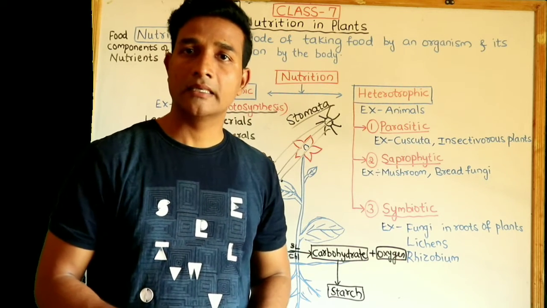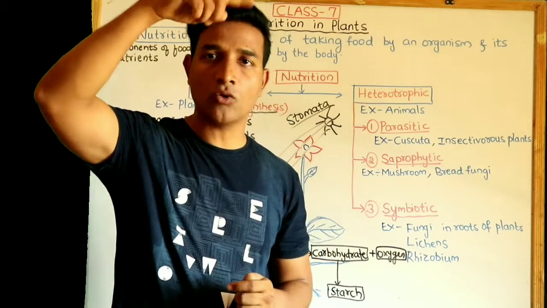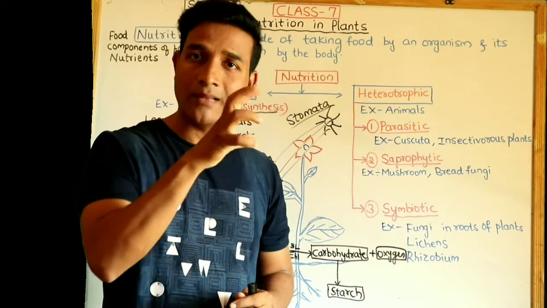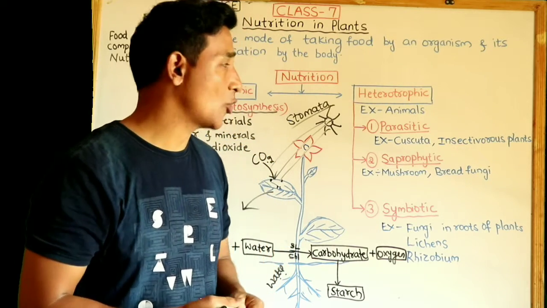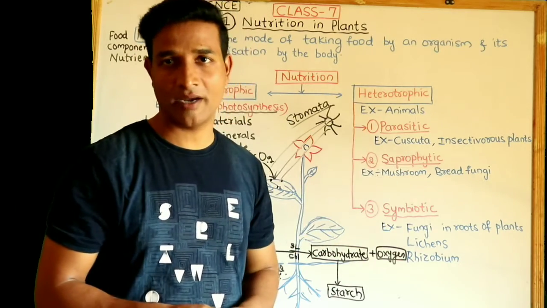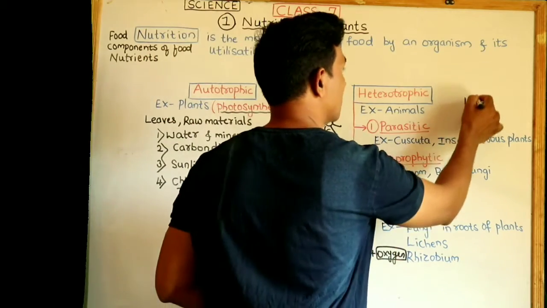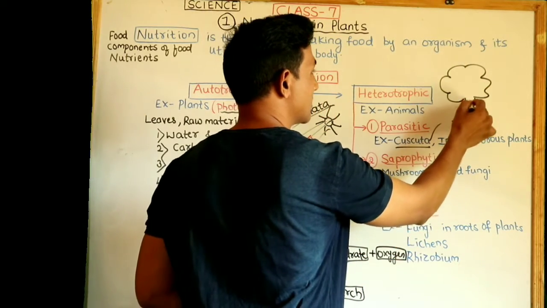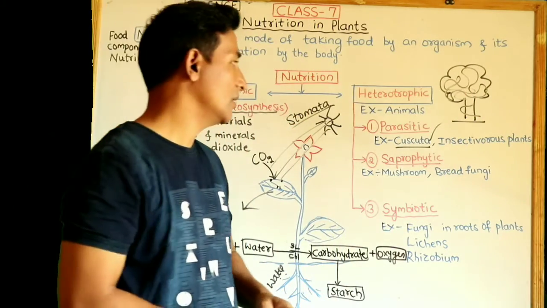This plant has a yellow thread-like twine structure which grows around the other plant, and it absorbs the food from the host plant. The host plant prepares food and supplies it to this one. So you can see here, this is a tree, and Cuscuta will grow on this and absorb the ready-made food.